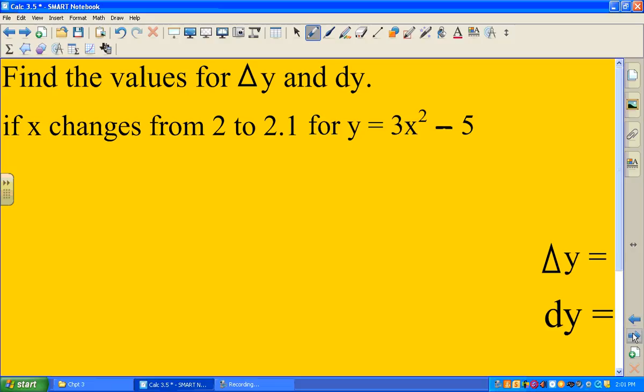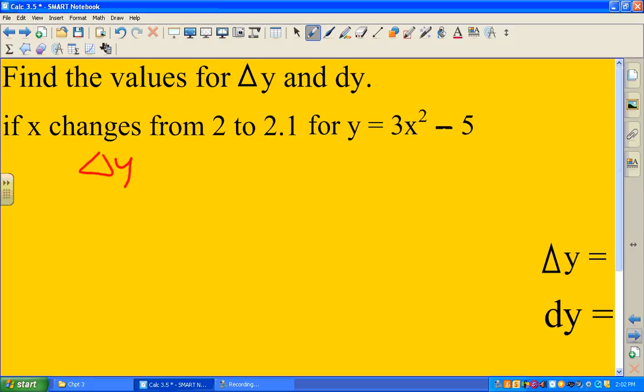Yeah, it is. Find the values of delta y and dy if x changes from 2 to 2.1, where y equals 3x squared minus 5. Okay. Do you have your calculator?